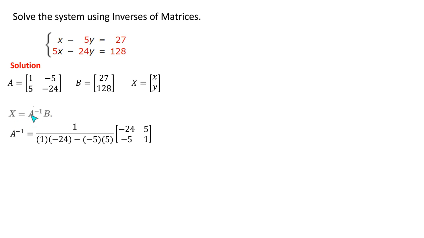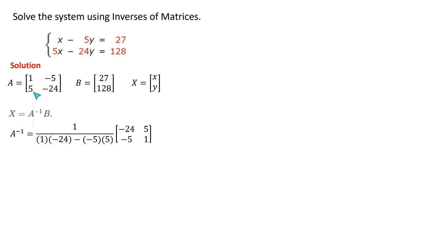So here it says to find the inverse. In order to find the inverse, I'm going to use the formula. So I have 1 divided by A times D, so that's 1 times negative 24, minus B times C, which is negative 5 times 5. Remember, we switched the A and D, so I get negative 24 and 1. And then I switch the sign, so instead of negative 5, I have 5.